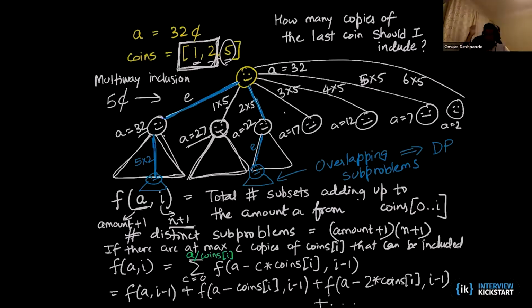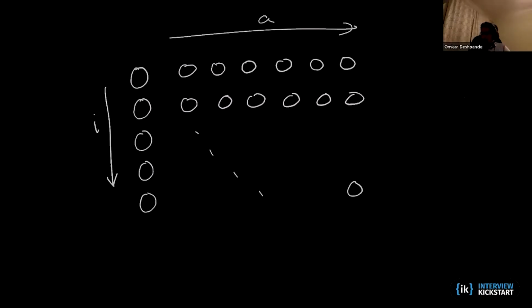So if you look at this recurrence, in terms of the dependency DAG, so here I've made the coins the first parameter, and the amount could be huge. So it looks like a horizontal rectangle.